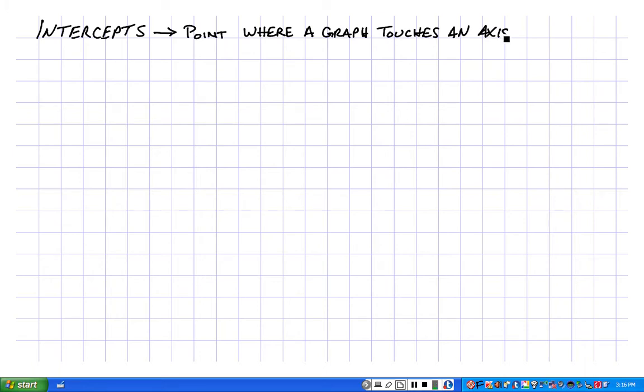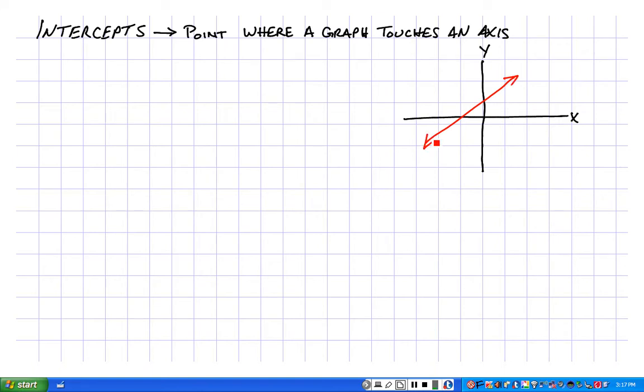So real quick, let's say we have our graph. We have our axes, so this will be our x-axis, our y-axis, and we graph a line that looks something like that.